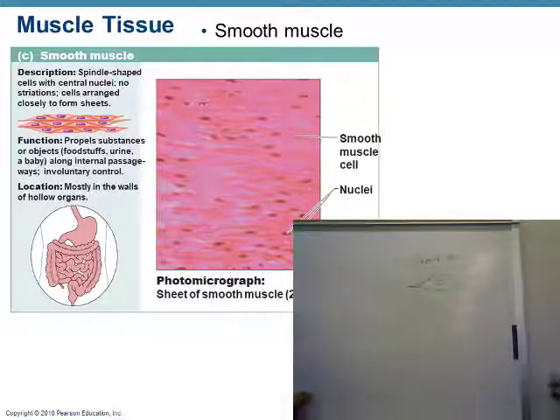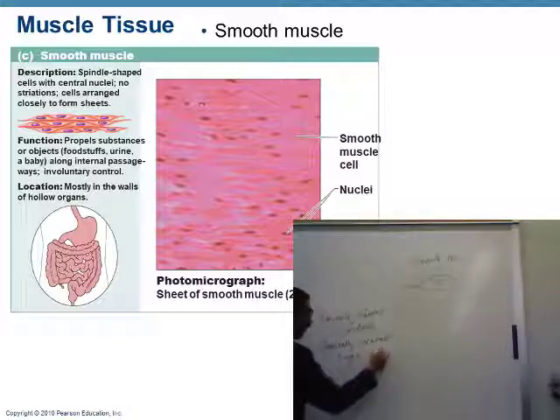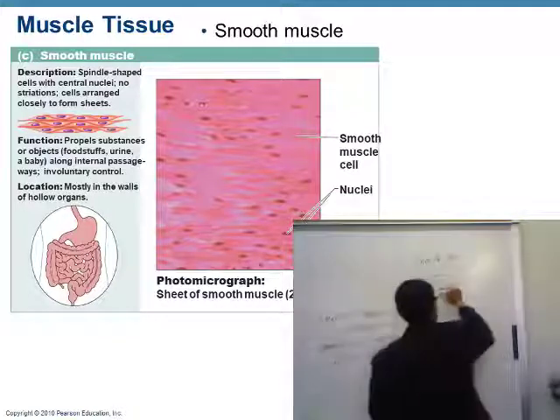So very simple. Spindle shaped fibers, centrally located single nucleus, nicely located in the center. So these are the properties of smooth muscle.